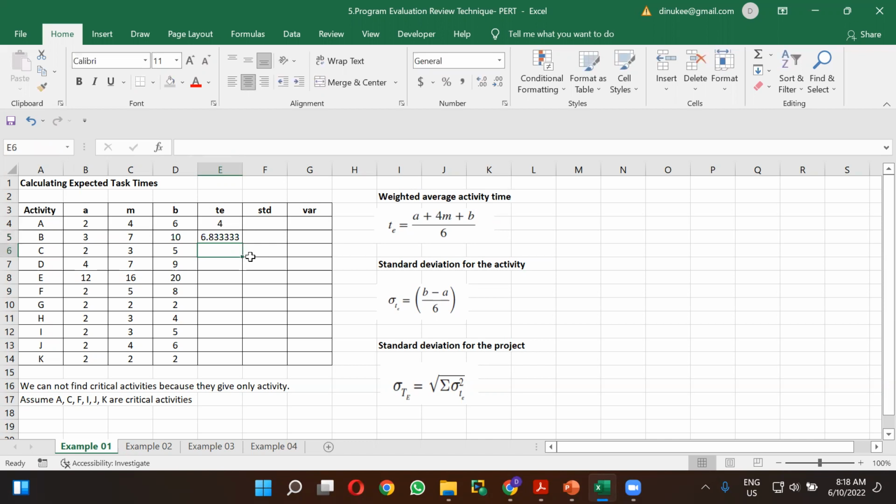I have limited this to 2 decimal places, right? I will limit this only to 2 decimal places. And now you have to calculate this weighted average activity time for all these activities.